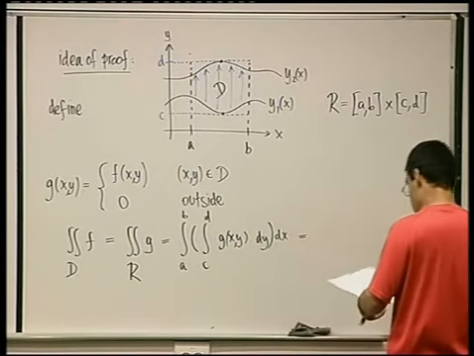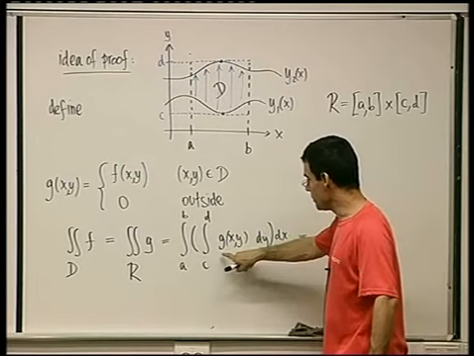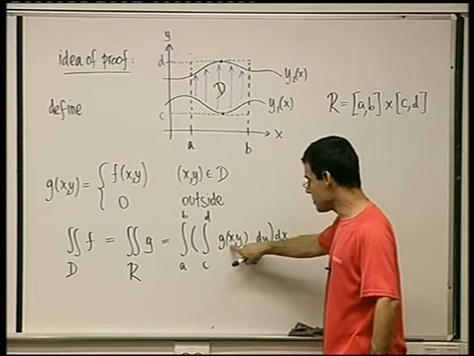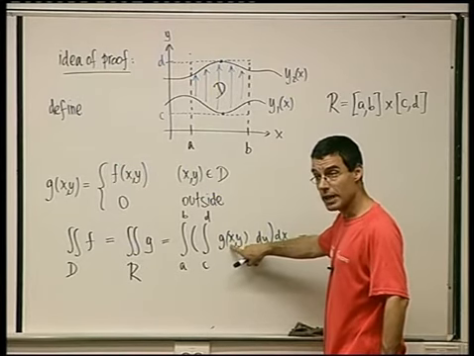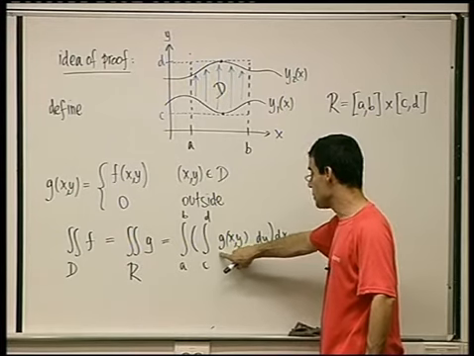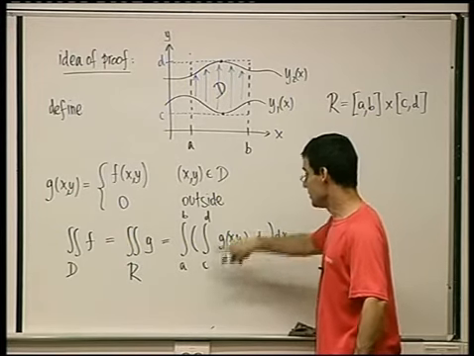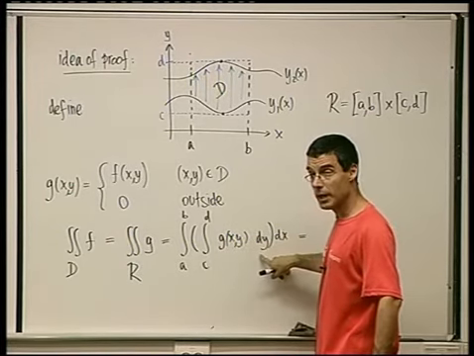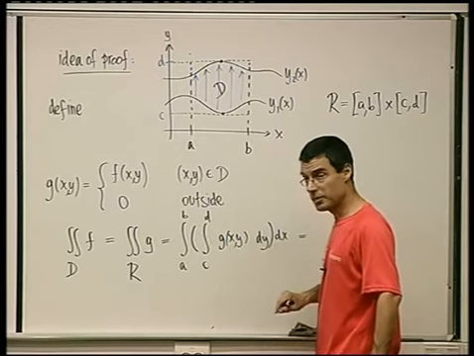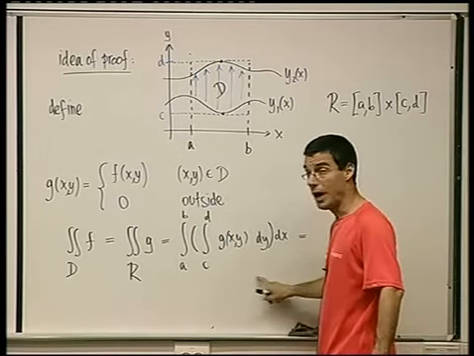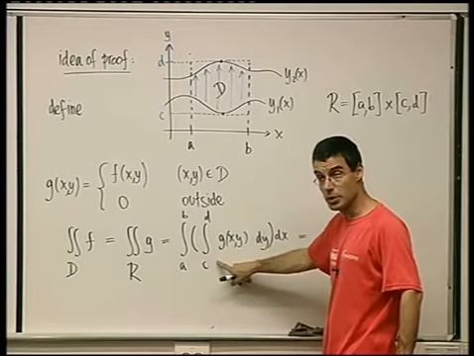Now let's look at the inner integral. The inner integral is the integral of g. x is now fixed, right? x is a dummy variable. It's the integral of g(x,y) from c to d dy, right? I'm thinking of x as a parameter when I'm doing the integral dy here, y ranging between c and d. Do you agree?